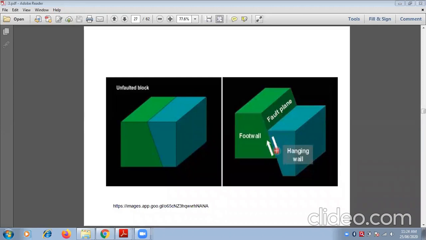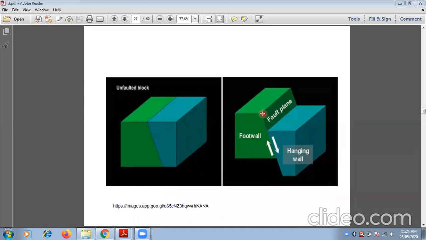In the previous lecture we have seen the meaning of folding. When the horizontal rocks get turned or bent, that feature is considered as a fold. Now here the blocks are not bent, they are just displaced from each other in the opposite direction.